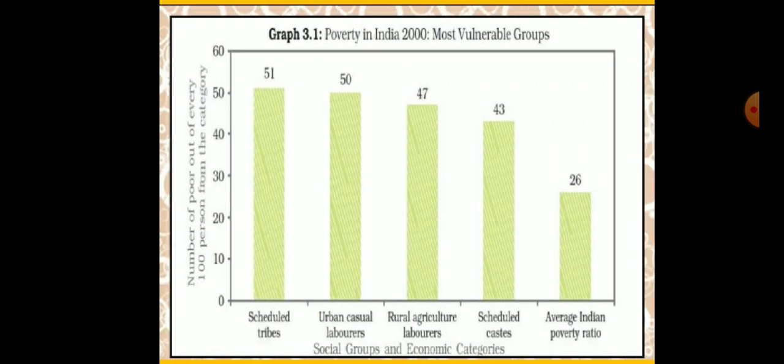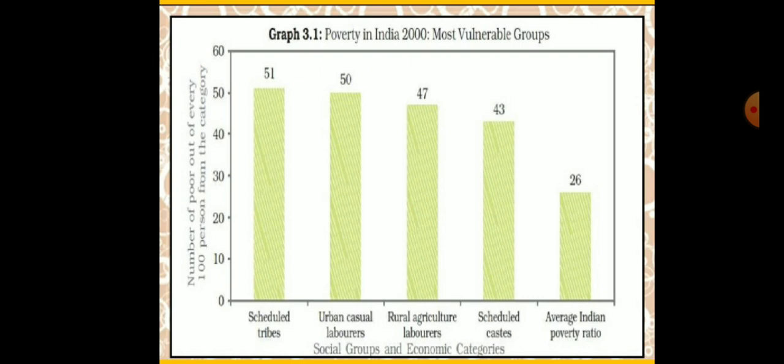And here we have the chart of poverty ratio of India in 2000. The most vulnerable group, scheduled tribe, has the highest chance to become poor, 51. You can see after that urban casual laborers who don't have a regular job have very high chances to become poor, and rural agricultural laborers who also do not have a regular job, as there is work in the field and after that they don't have work.